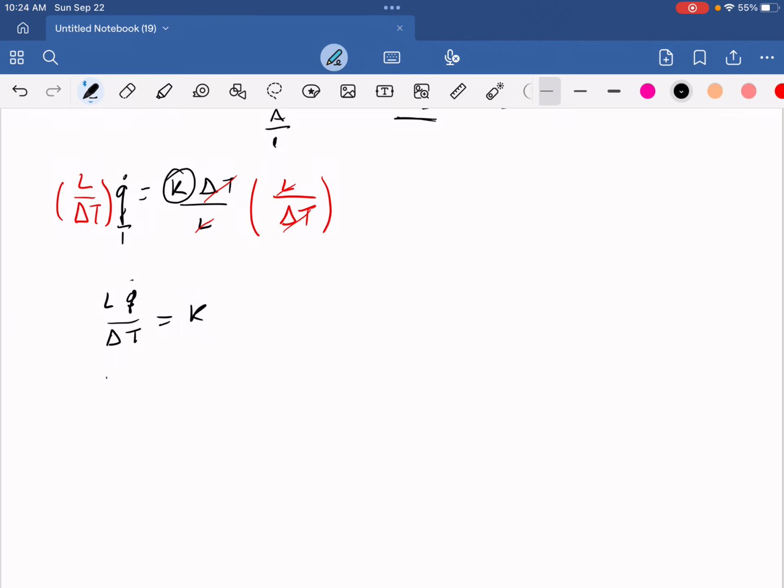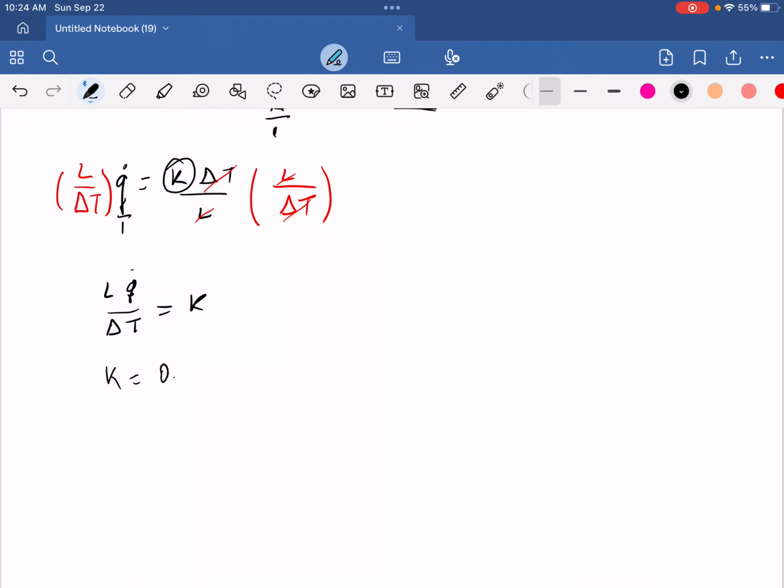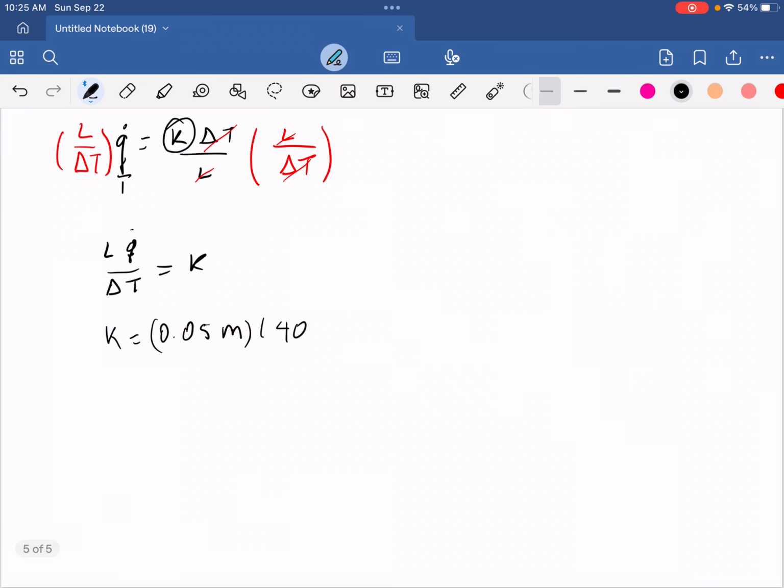At this point, all I have to do is plug in the values I'm given. Let me rewrite it. So thermal conductivity: thickness was 0.05 meters. Heat flux was given to me as 40 watts divided by meters square. Change in temperature was 20 kelvins. Now I can start canceling my units.